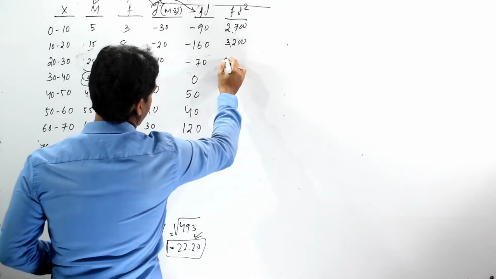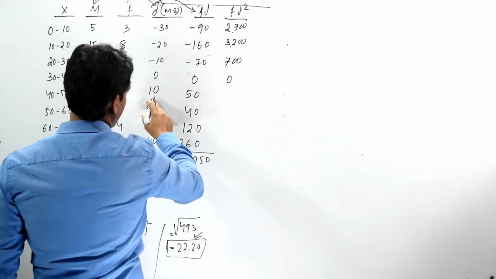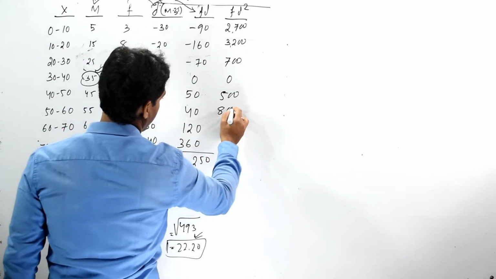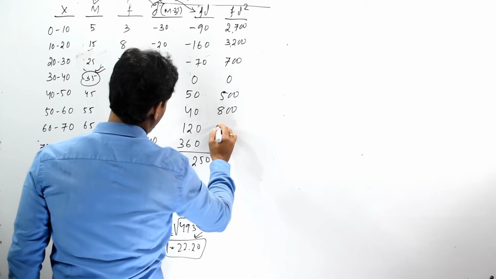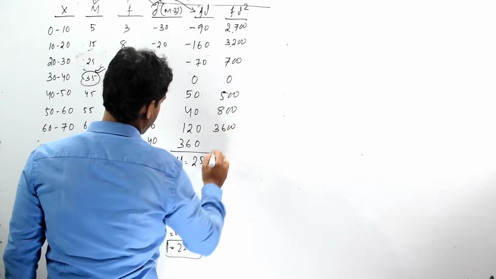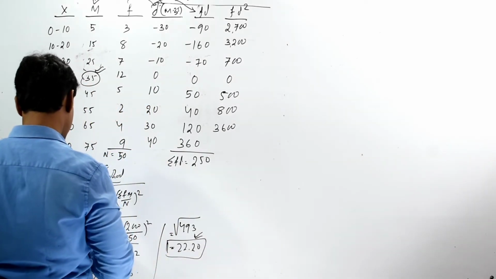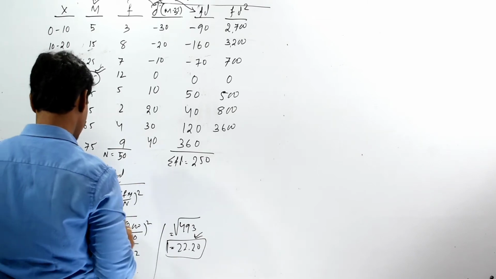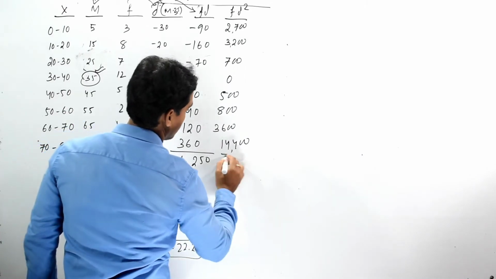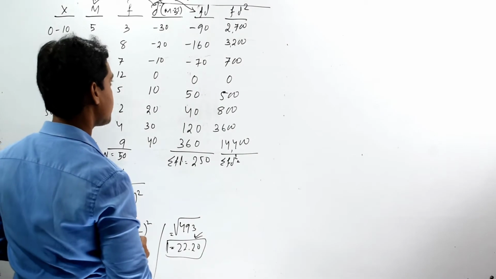Minus 10 into minus 70, that is 700. 0 into 0, 10 into 50 is 500. 20 into 40 is 800. 30 into 120 is 3600, and 40 into 360 is 14400.